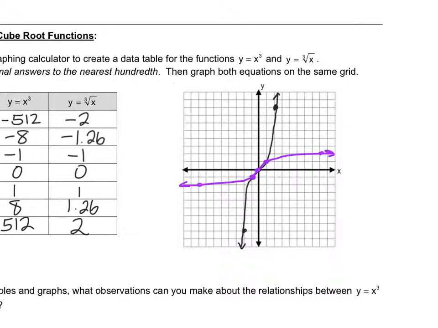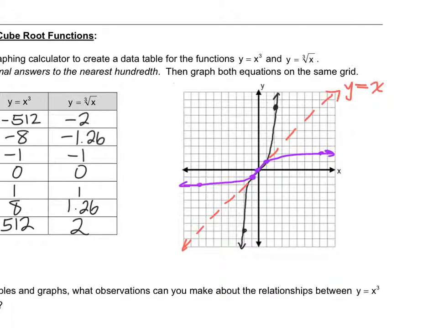Now, one thing I alluded to yesterday, but didn't really talk about too much, is that if I were to draw the line, and I'll just rough it in here as a dashed line, the line y equals x, you notice that one of these graphs should be a reflection over this line of the other one.